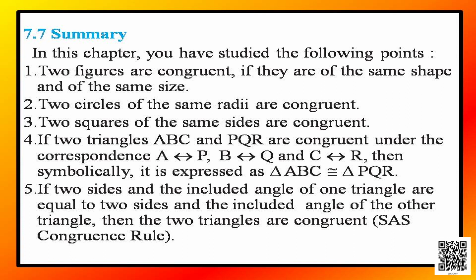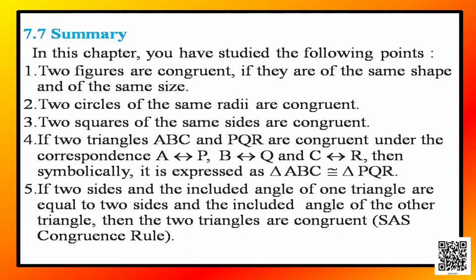4. If two triangles ABC and PQR are congruent under the correspondence A corresponding to P, B corresponding to Q and C corresponding to R, then symbolically it is expressed as triangle ABC congruent to triangle PQR. 5.